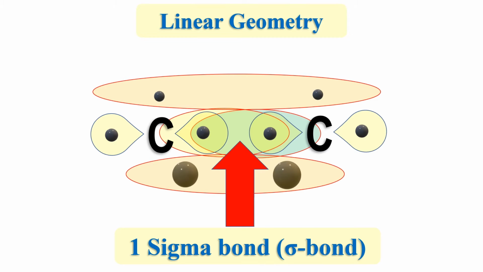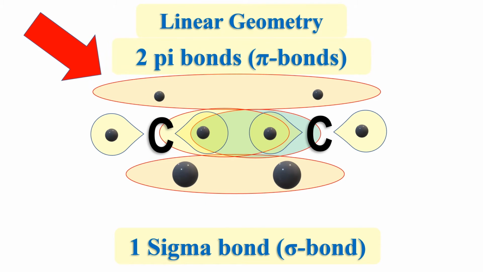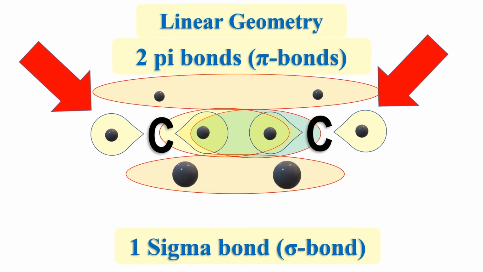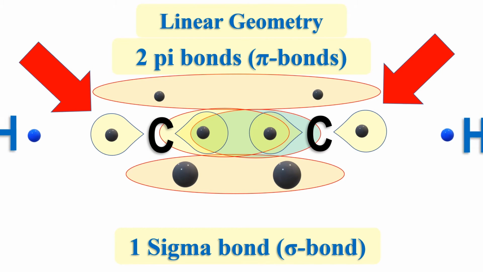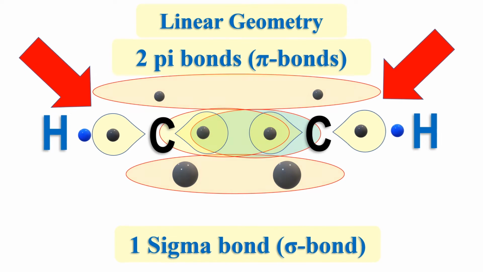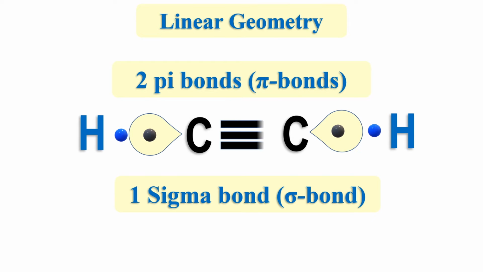And the overlap of the unhybridized p orbitals forms two pi bonds. The other hybridized orbitals can form sigma bonds to other atoms. Here I'll show the simple example with hydrogen atoms. The three bonds between carbon atoms can be called a triple bond.